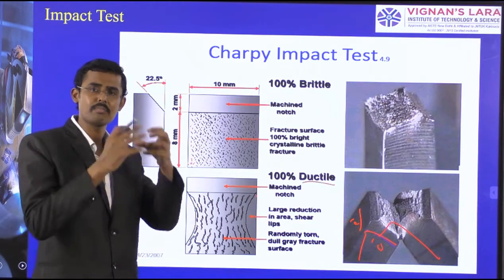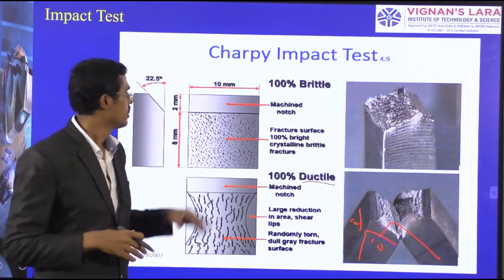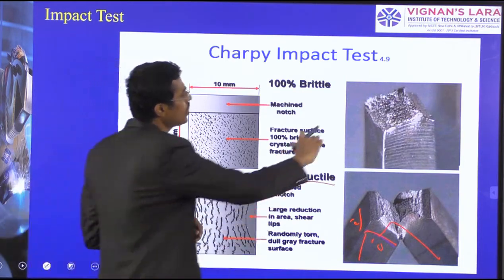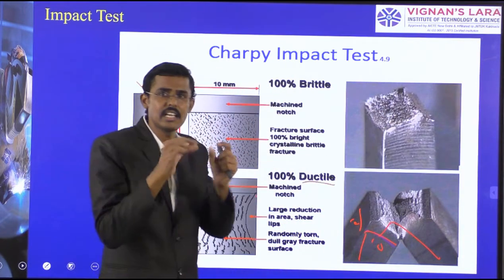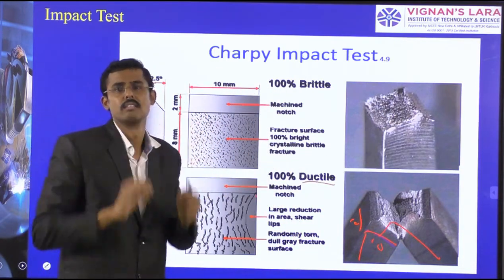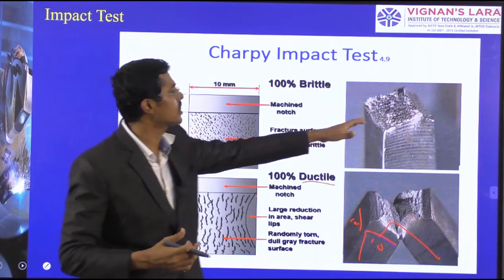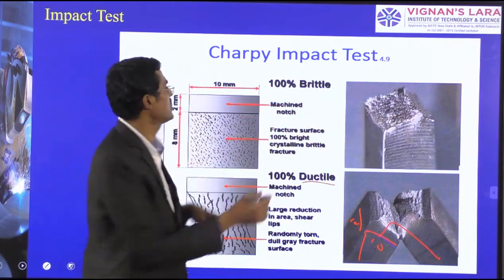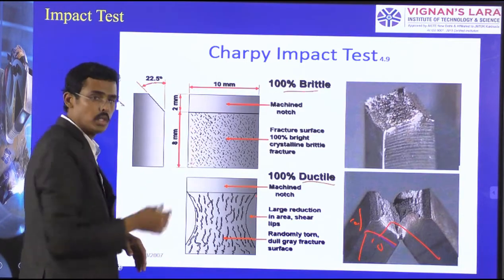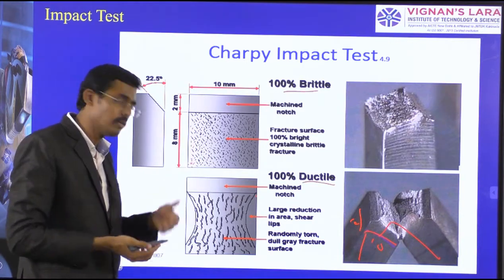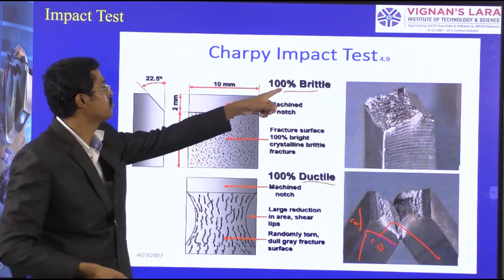But here you see it is totally flat, as if a biscuit or glass is breaking. So I can refer to this material as 100% brittle. By visualizing the texture after breaking the specimens, we can identify whether it is brittle or ductile.